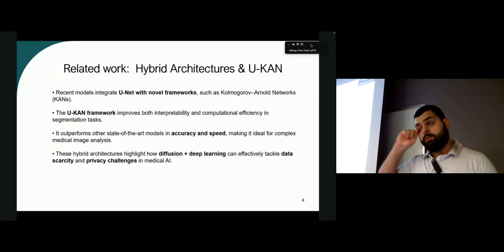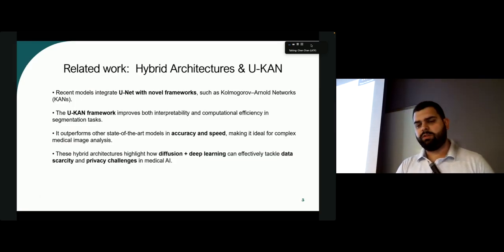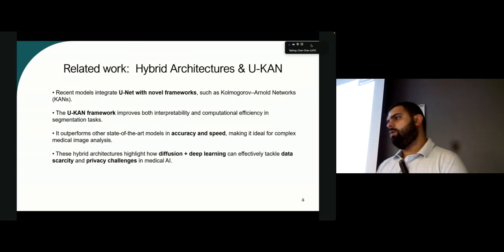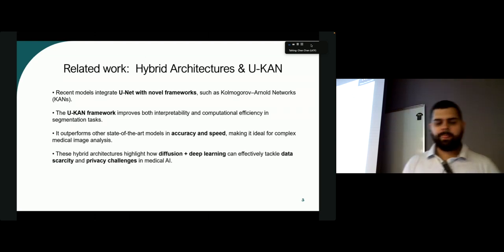So in terms of the UCAN model that I implemented, I took this from a paper that was released not so long ago. What this paper does is combine UNet with a novel framework called Kolmogorov-Arnold networks. The way this network works is basically it takes a model, breaks it down in small blocks, and then interprets them and combines them in a few selected blocks that can be easily interpreted and efficiently produced.